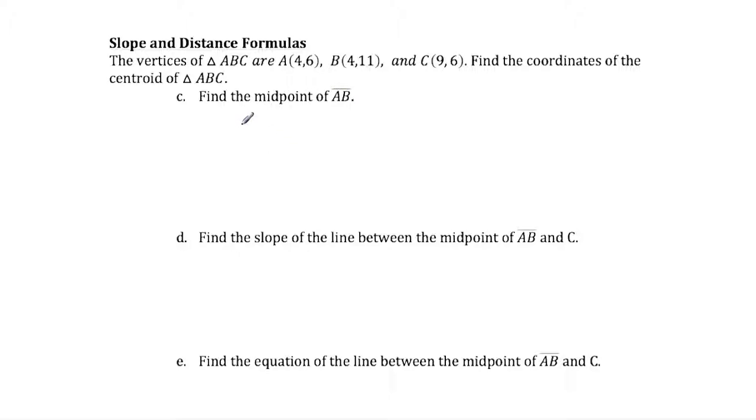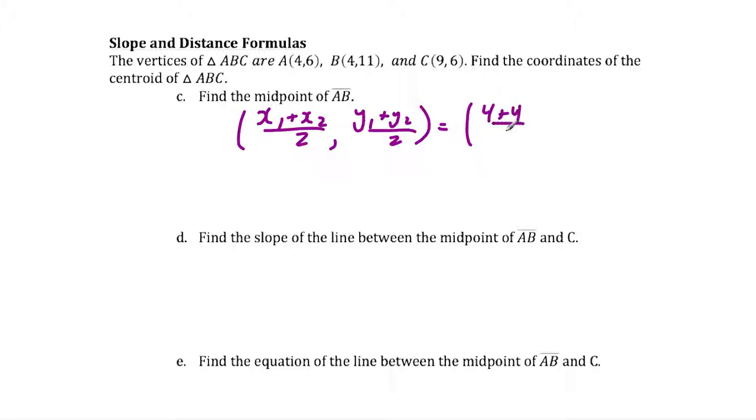So the midpoint formula is (x1 plus x2) over 2, comma (y1 plus y2) over 2. And so in this case, AB, that's going to be (4 plus 4) over 2, comma (6 plus 11) over 2.